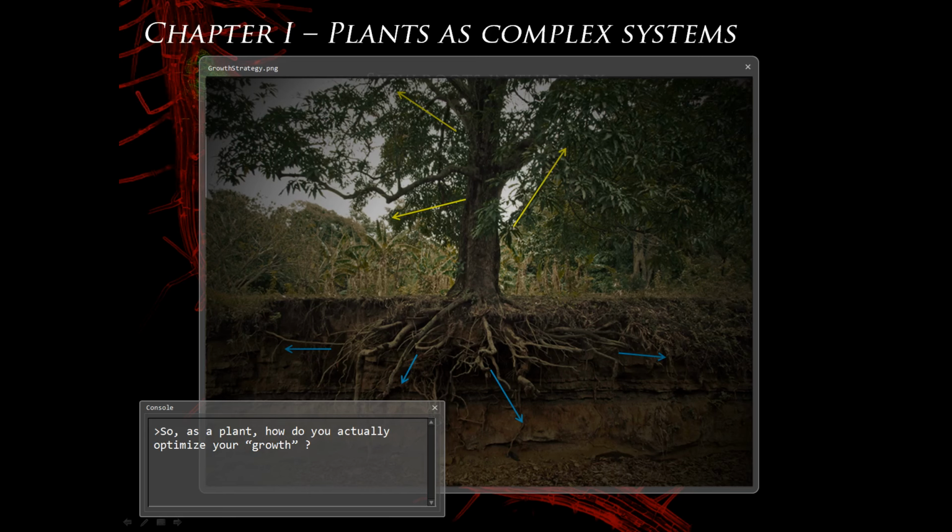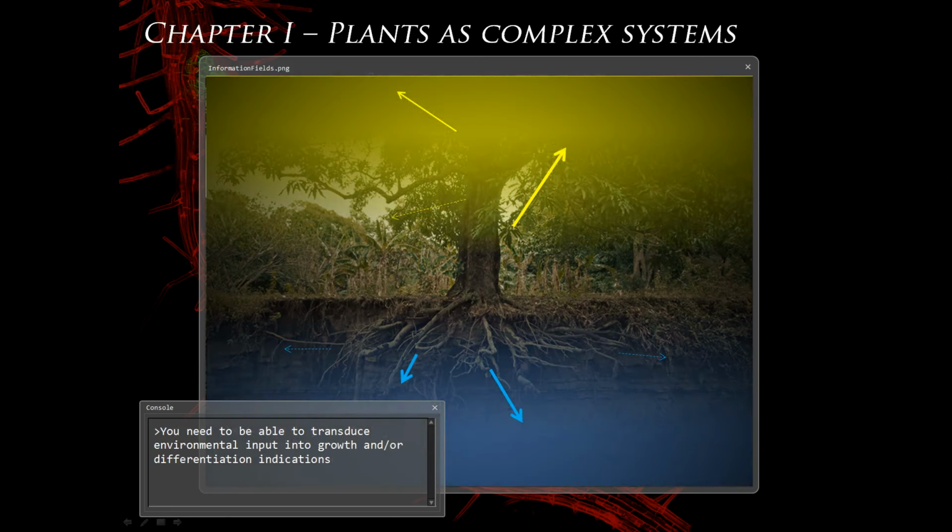Well, what you need is to be able to direct your growth and differentiation precisely. And that supposes that you need to be able to read and transduce environmental inputs into growth and/or differentiation indications. Remember, you have no nervous system, no brain, no nerves, so you cannot send direct information and synchronize cell activities.